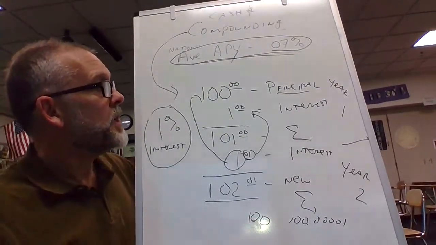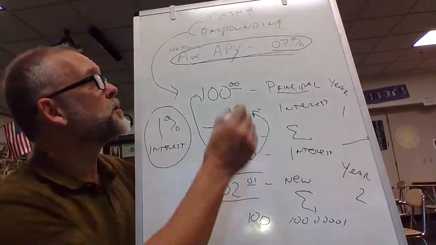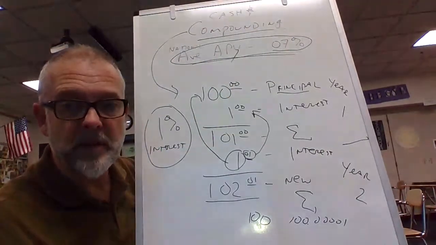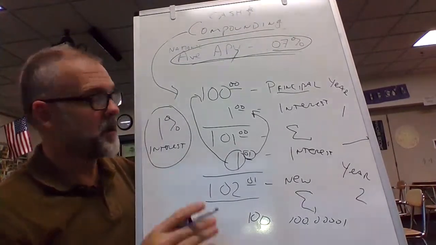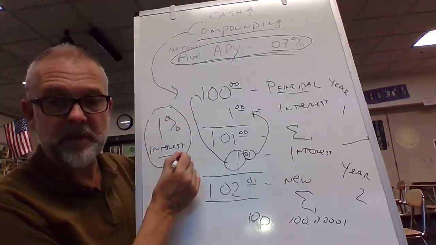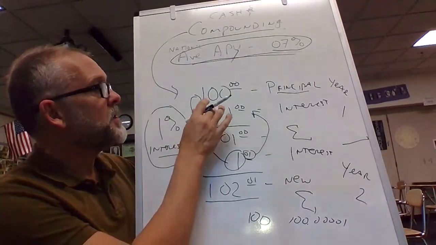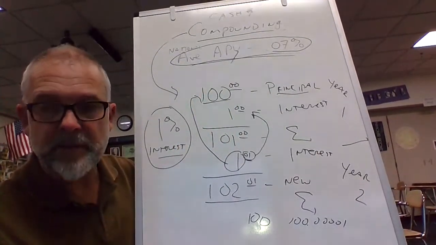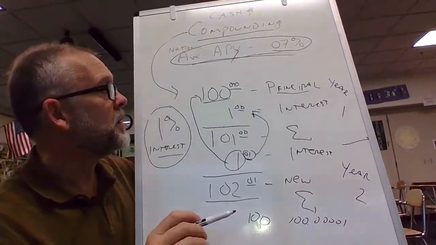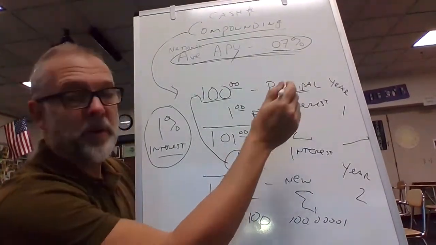Okay? So to give you an example of how compound interest works, which some of you probably have had in a math class. If not, you've heard of it, I assume. But a very simple example, and I'm going to use 1% just because it makes the math a lot easier here. So let's say you got a guy, he puts $100 in the bank on January the 1st, and to make this very simple, okay? That is his principal, what he puts in.